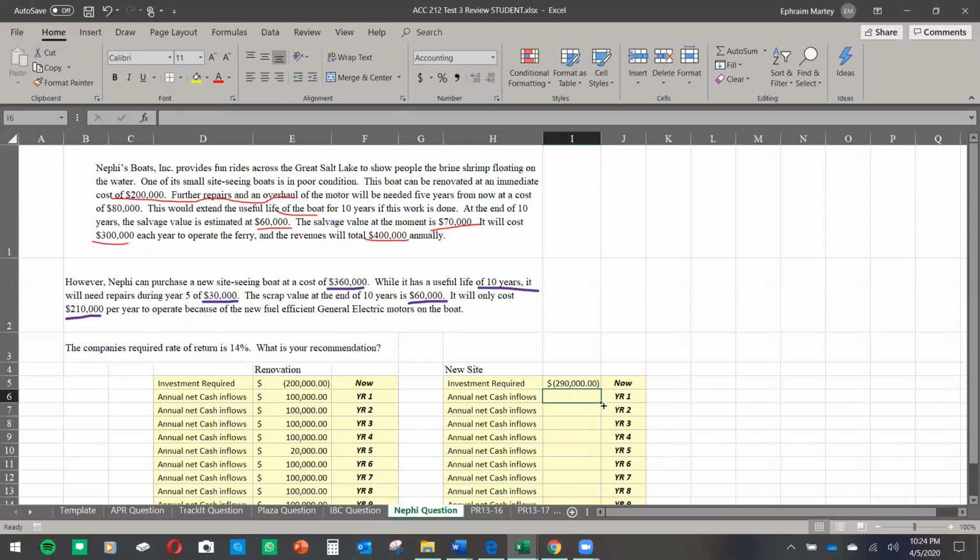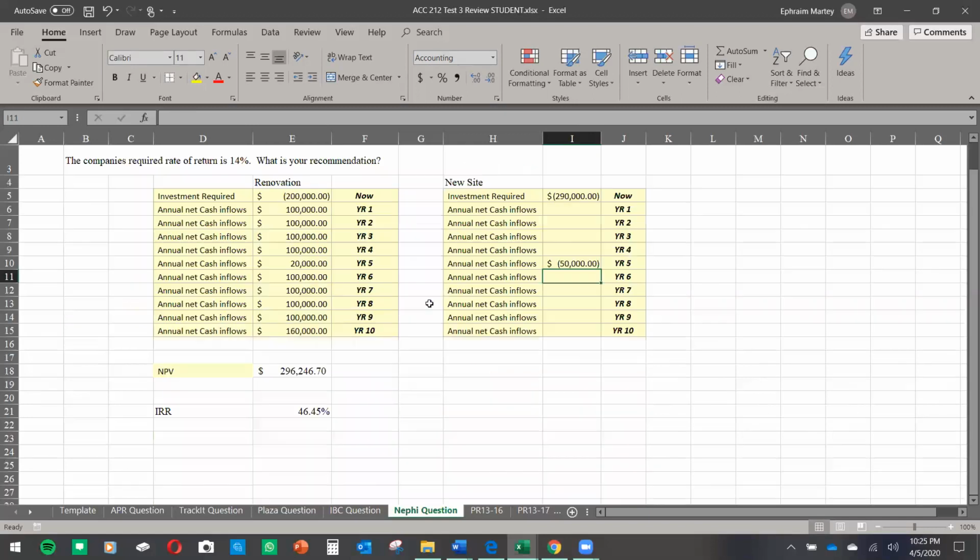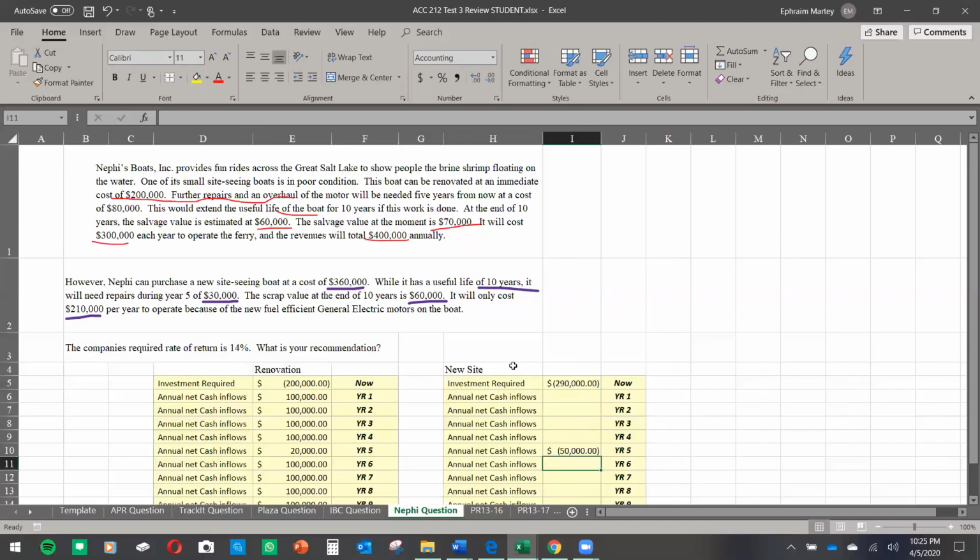Okay, it will last for 10 years. We already know that. And then what we have here is in the 5th year, it will need repairs. So in the 5th year, we know we will have a cash outflow of 50,000. 50,000 will go here, and in the 10th year, the scrap value will be 60,000.